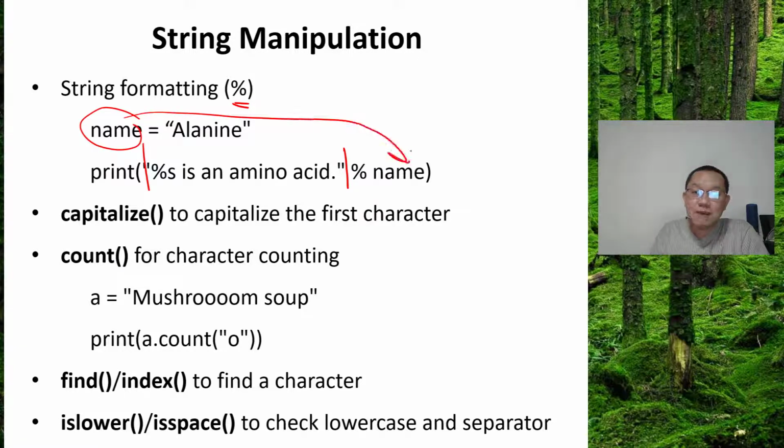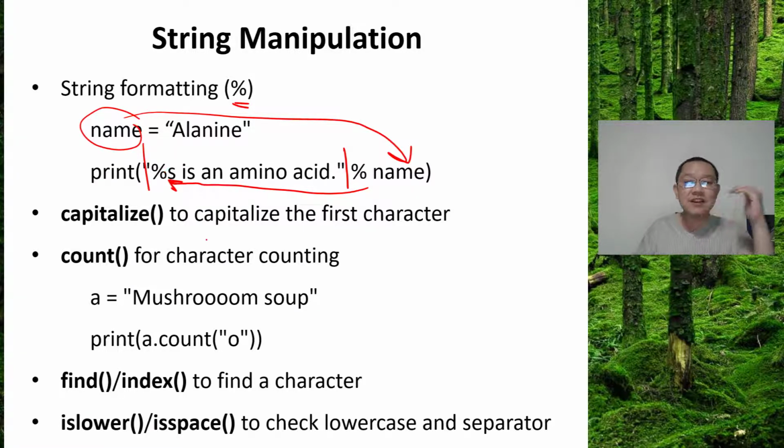So whatever value stored inside this variable will be put in this position, percentage S. So imagine you could have a list of names and you want to print different sentences by changing the name at this position depending on the number of strings you have in this variable.